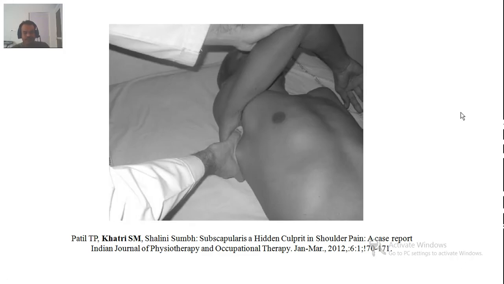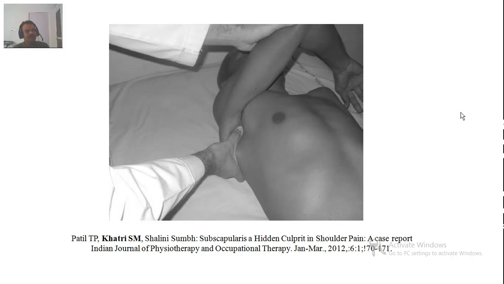Now this has been published. I always say that one of the hidden muscles is the subscapularis. Your patient complains of pain on external rotation. The problem is in the subscapularis, and we are directly mobilizing or otherwise stretching. So what you have to do is palpate the subscapularis muscle and see if it is in spasm. If it is in spasm, apply gentle pressure.